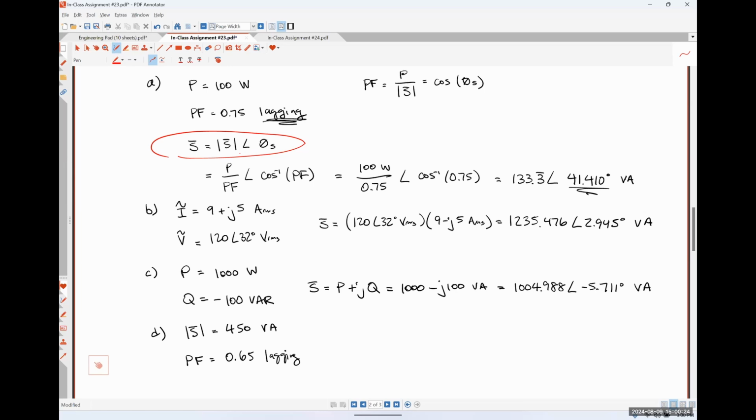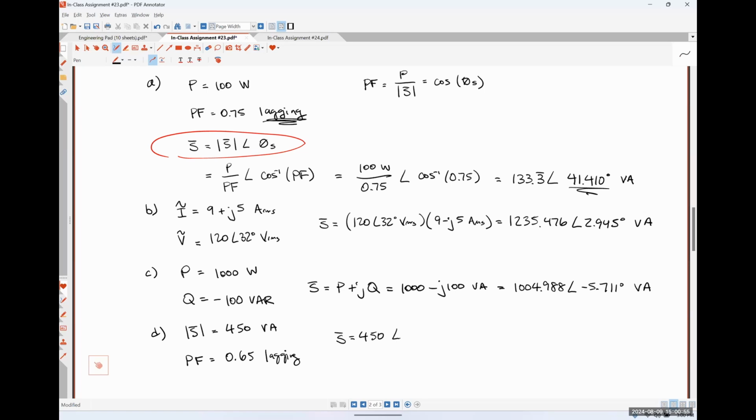So I literally just circled what we're looking for, right? So complex power in polar form is the apparent power at the power factor angle. So do we need to do literally anything to find our apparent power? No, sir. No, it was given to us, right? So we are going to have S is equal to 450.